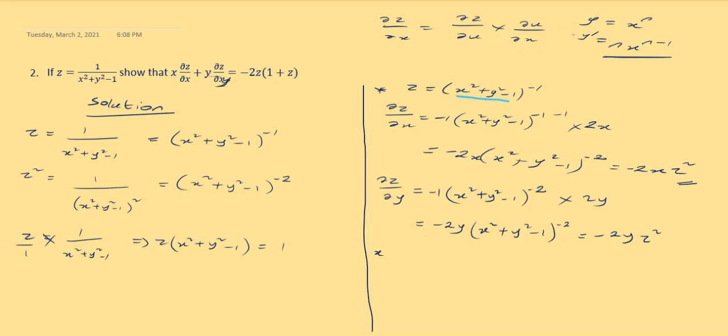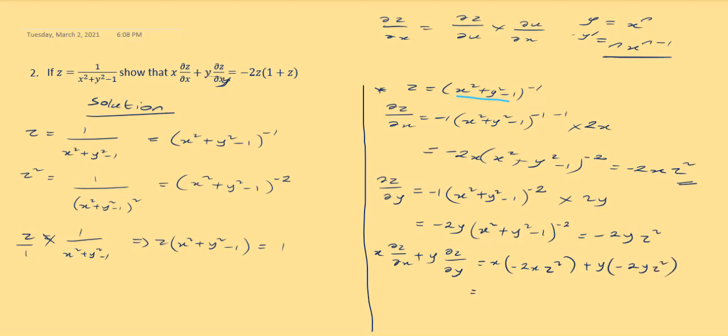You have s dz ds plus y dz dy. So this is s multiplying dz ds. This is what I obtain, minus 2s z squared. Then plus y dz dy, I obtain minus 2y z squared.